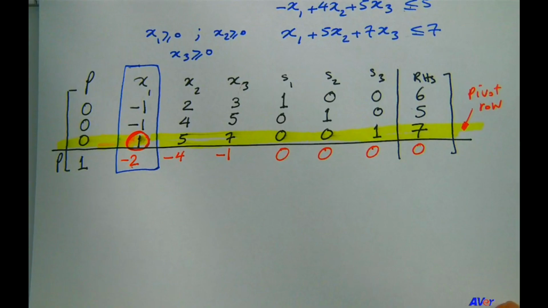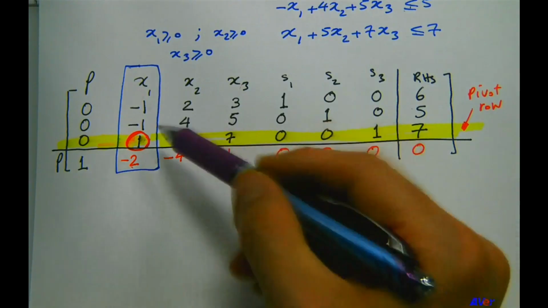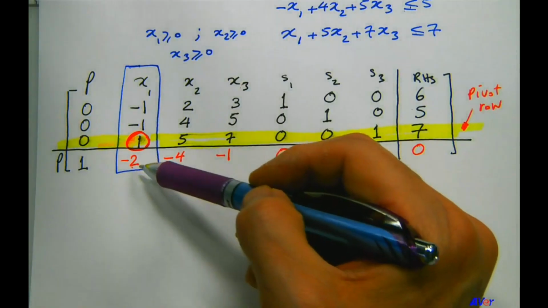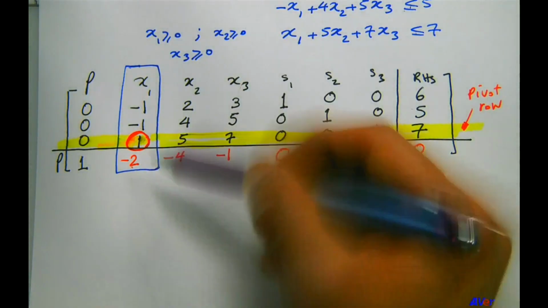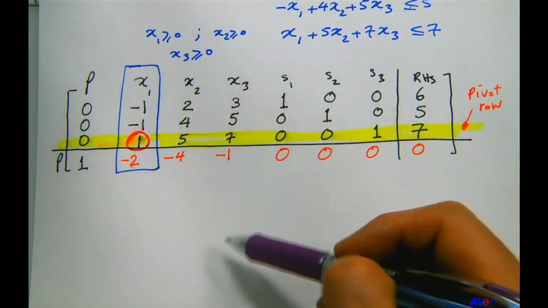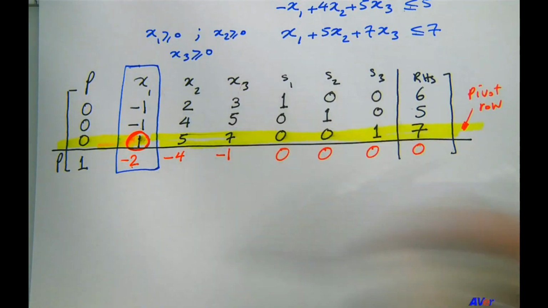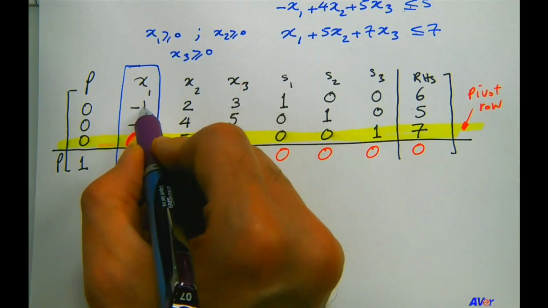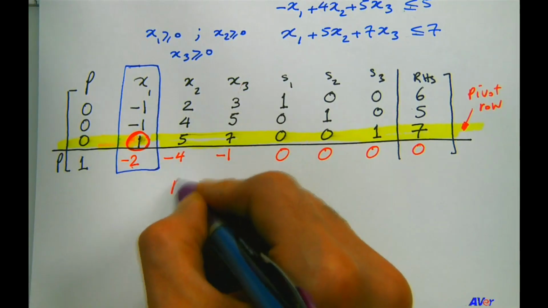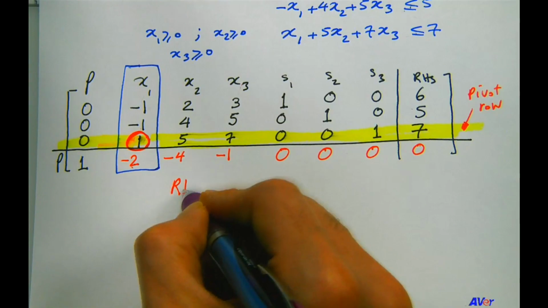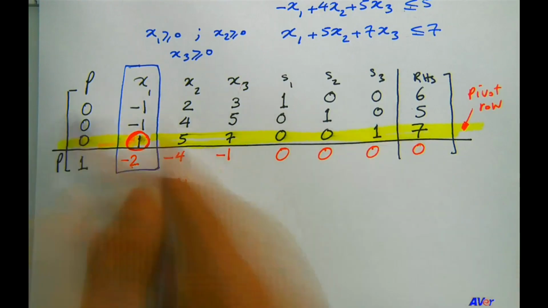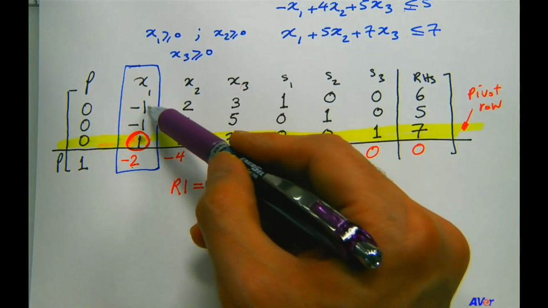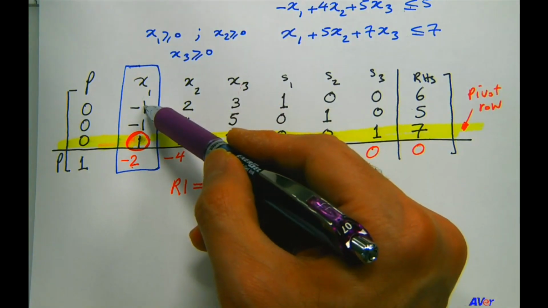Okay. All right. So in order to convert -1, -1, and -2 to 0, we're going to need 3 row operations. And because I'm assuming that you've already finished this problem, I'm going to write down the row operations. To convert this -1 to 0, we're going to need to change row 1 because that -1 is in row 1. So row 1 is equal to, all we need is a +1 to add to this -1.